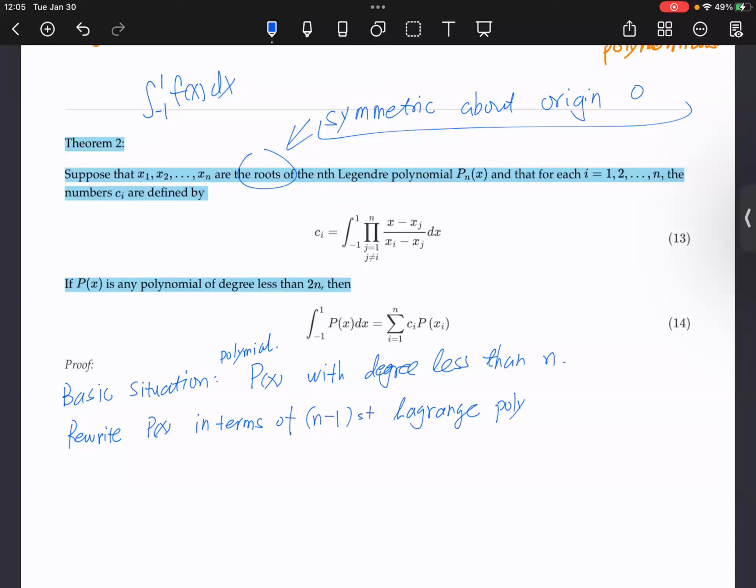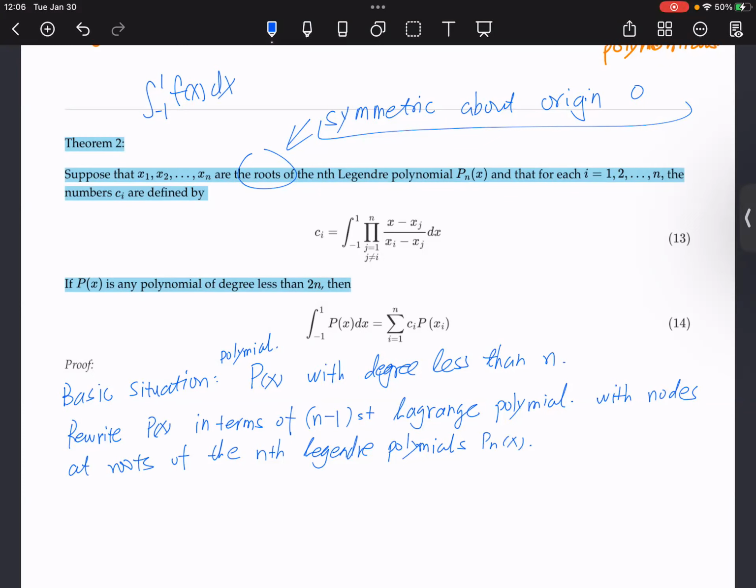We have n nodal points, and then we can write this into the n minus 1 degree Lagrange polynomial with the nodal points at the roots of the n Legendre polynomial.